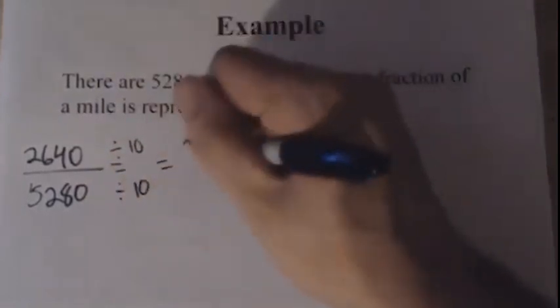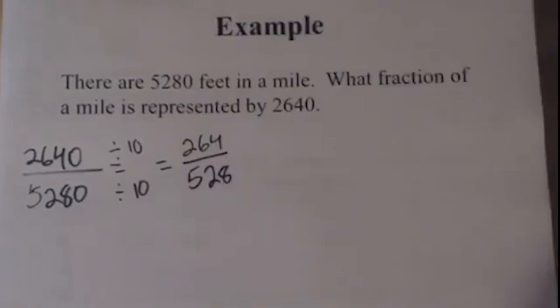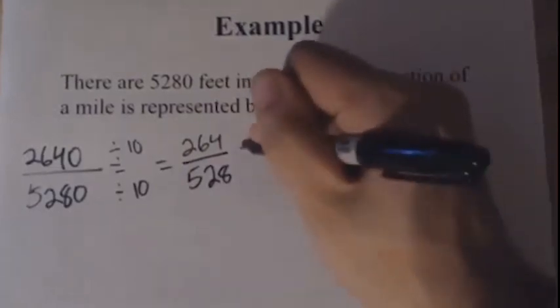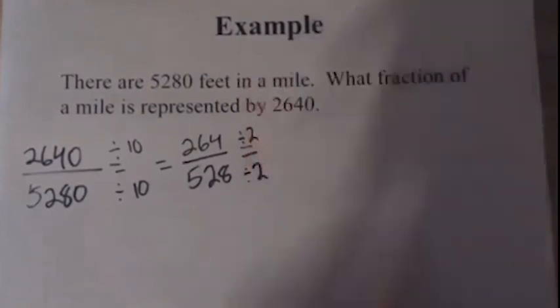So let's divide both by 10. That's going to give us 264 over 528. And now they're both even. So let's divide top and bottom by 2.